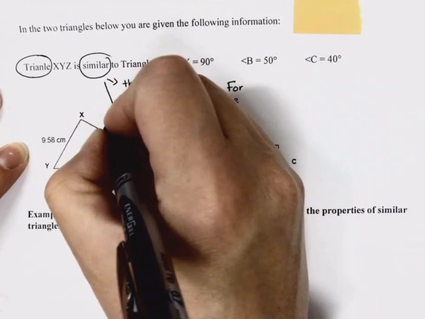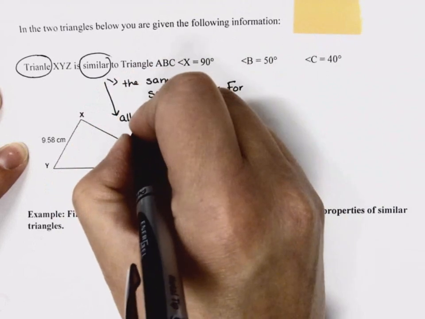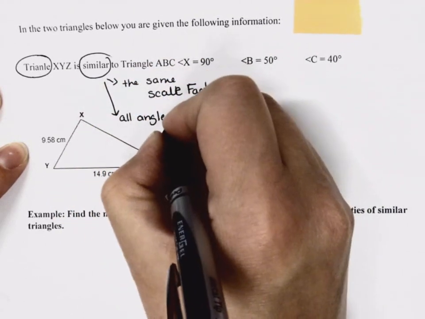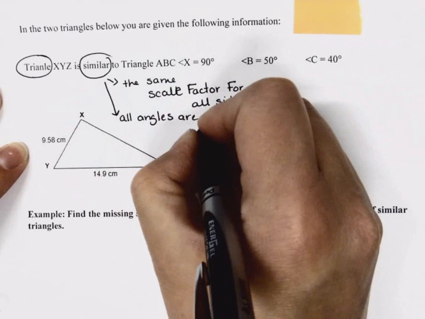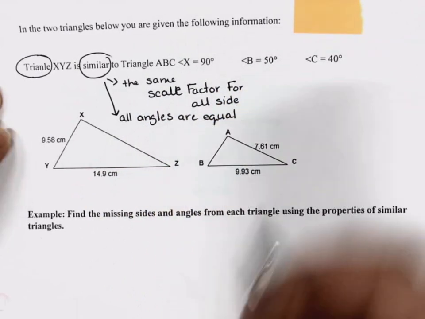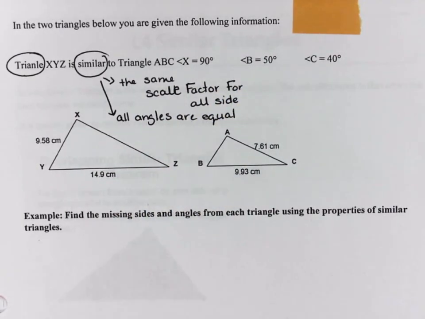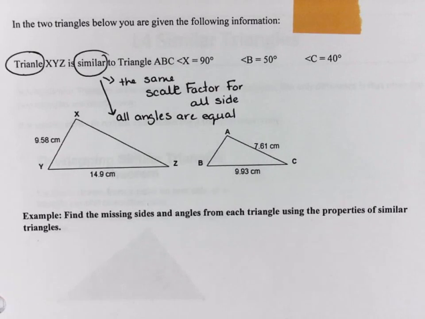And we know that all angles are equal. As soon as it tells us that, we know those 2 things. We know they have the same scale factor for all the sides, and all the interior angles are equal to each other.